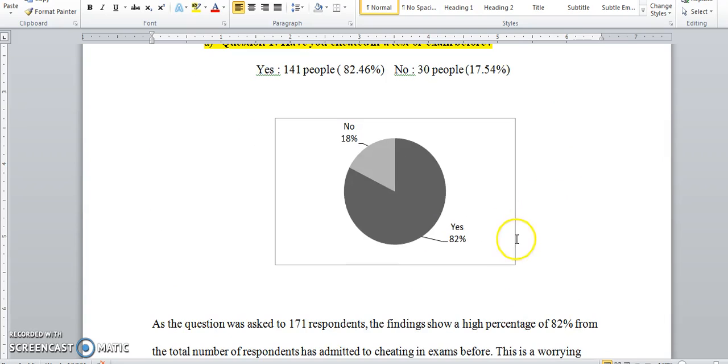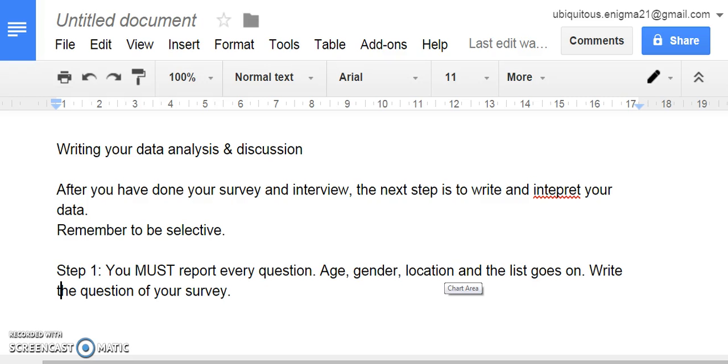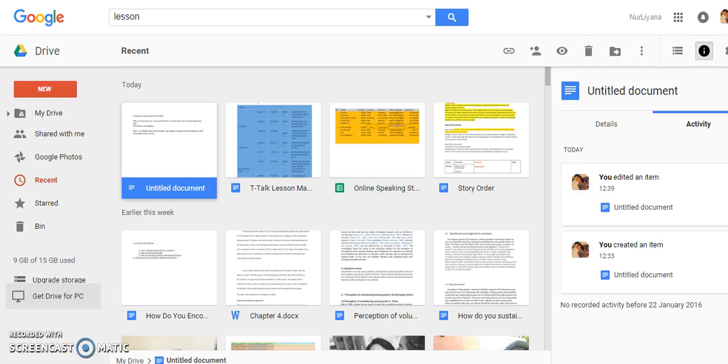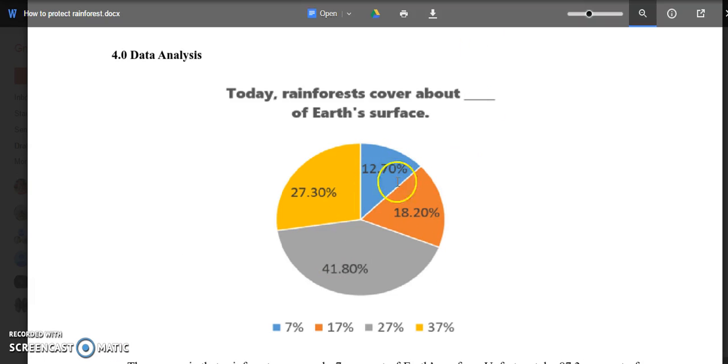So let's just say right now you have five different segments for your pie chart. Let's see if we can find an example in your friend's paper. So your senior has this 1, 2, 3, 4.